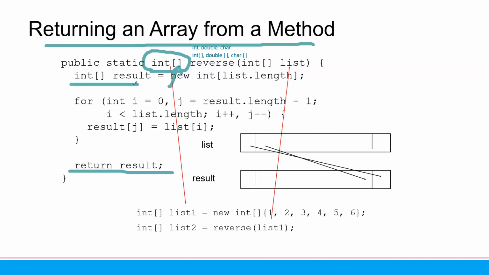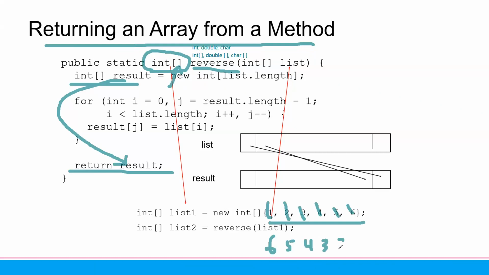So the result will be an array, and in this case, I would like to make one method which is reverse. Reverse means I want to exchange the positions. So if I have 1, 2, 3, 4, 5, 6, then I want to exchange the order, and it will be 6, 5, 4, 3, 2, 1.